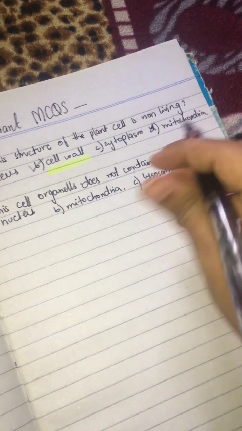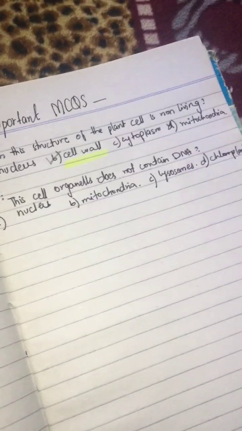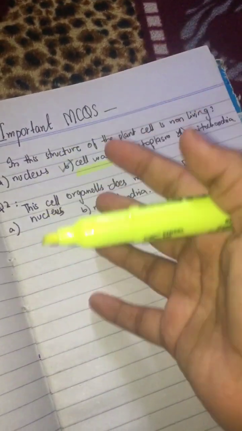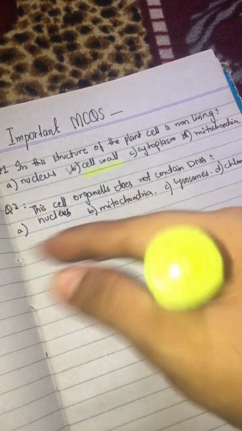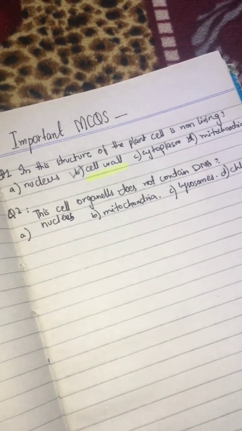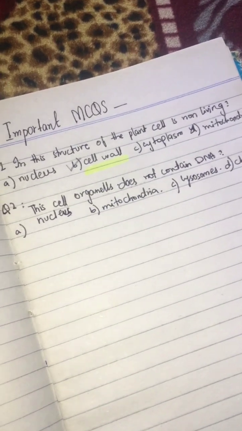So what they are asking in this question is the cell organelle which does not contain its own DNA. Nucleus has its own DNA. As we know, it's the central part, and we have studied nucleus in detail from class 6 to matric, so we are very much aware about the nucleus.